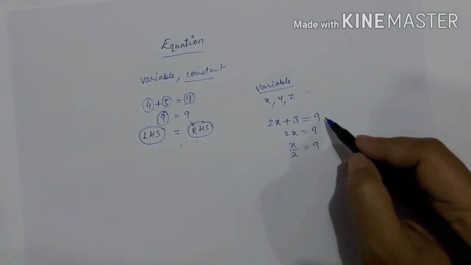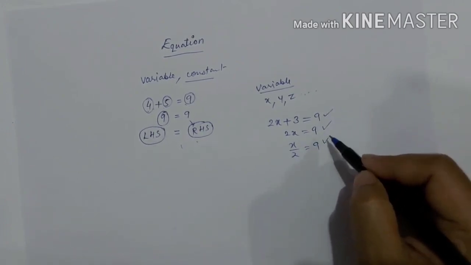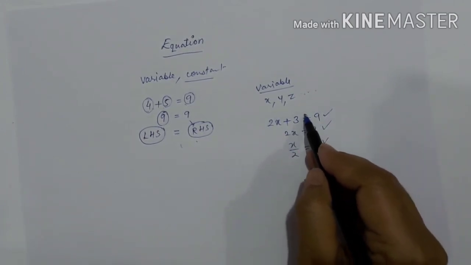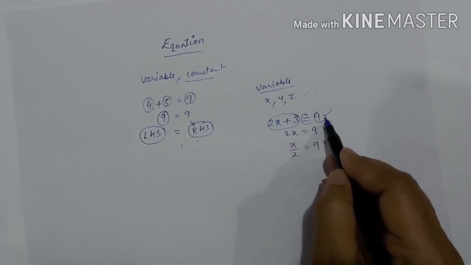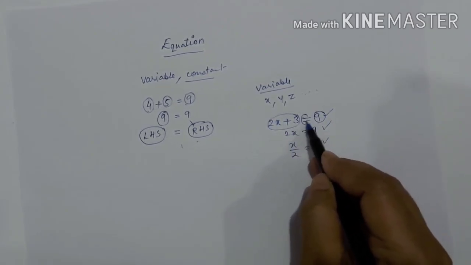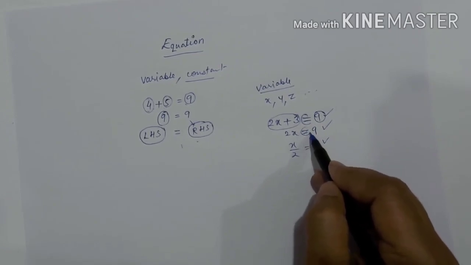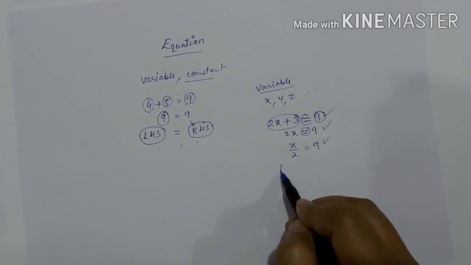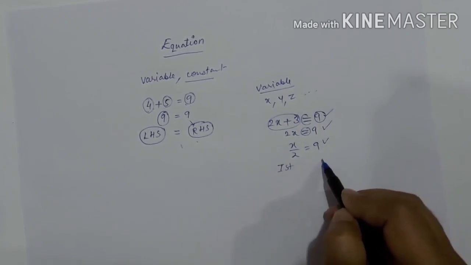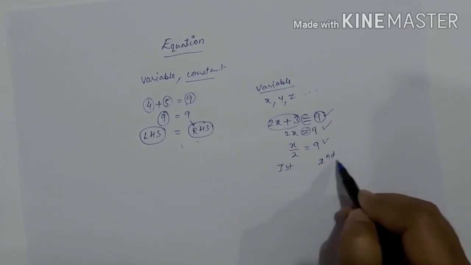They are all equations because each has two parts, the left hand side and the right hand side, and between them is the equal sign, which is called the balance of the two parts. Suppose this is the first part and this is the second part.